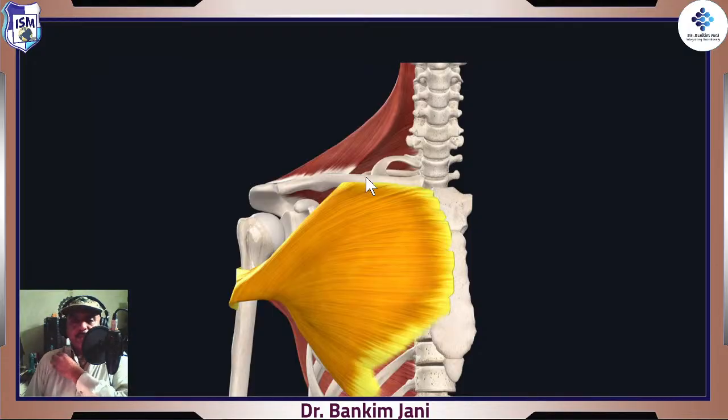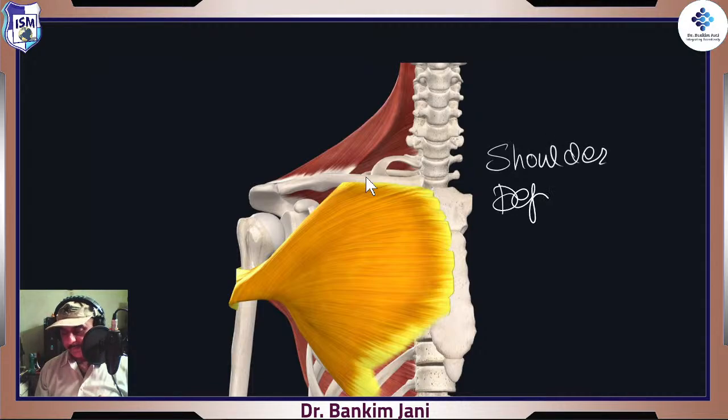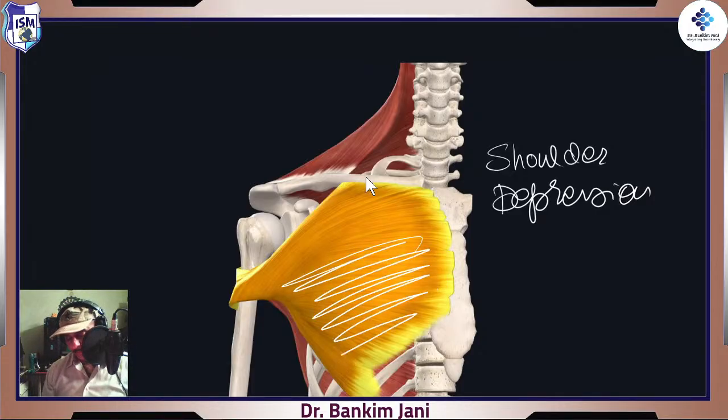When only the clavicular fibers contract, because it is attached to the humerus, it will take the arm up. That is what is called shoulder flexion. When only the lower fibers are contracting, that is what leads to shoulder depression. Remember, for shoulder depression, only the lower fibers are working.